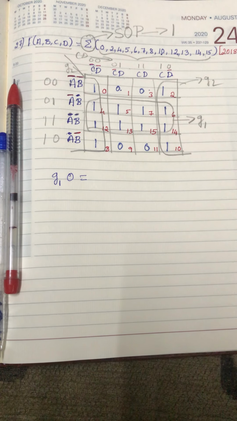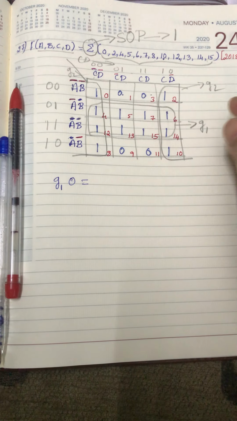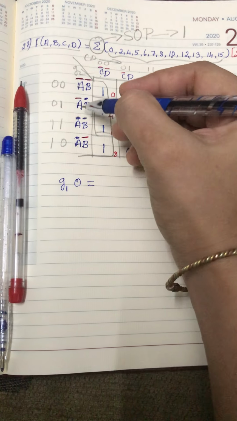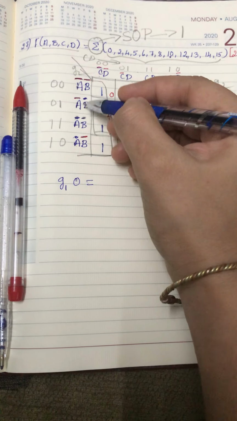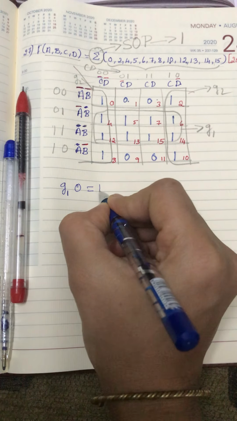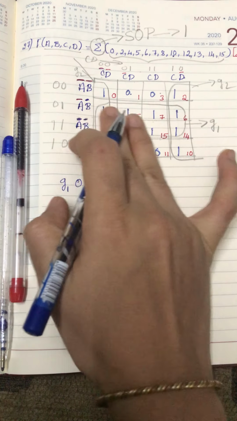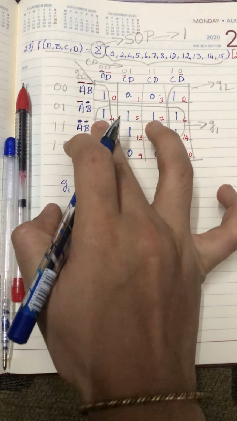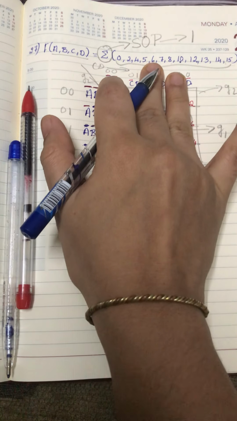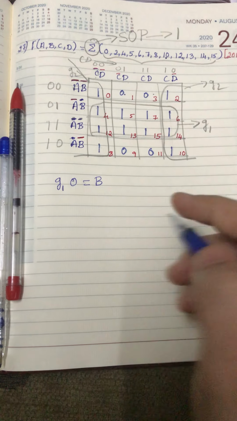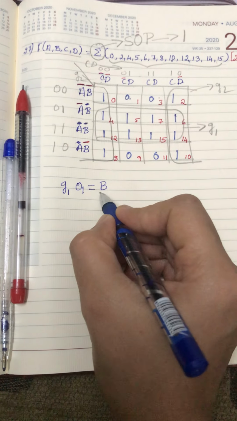I'm going to write the expression for this group. First I'll go with the rows. Within these two, the common term is B. I'm going to write that term here. Done with rows, go with the columns. Columns are these 4 columns. None of the terms is common here. So your first octal will be B.